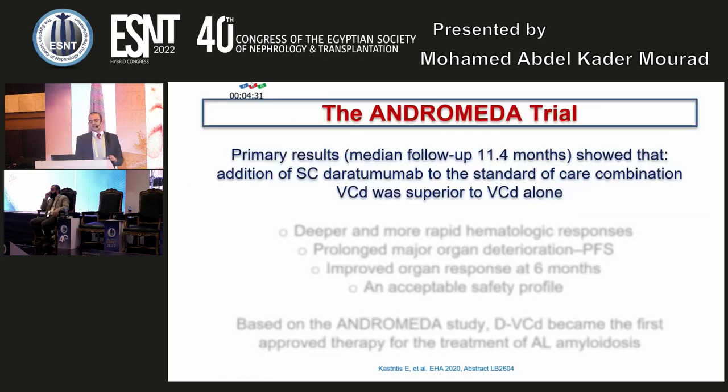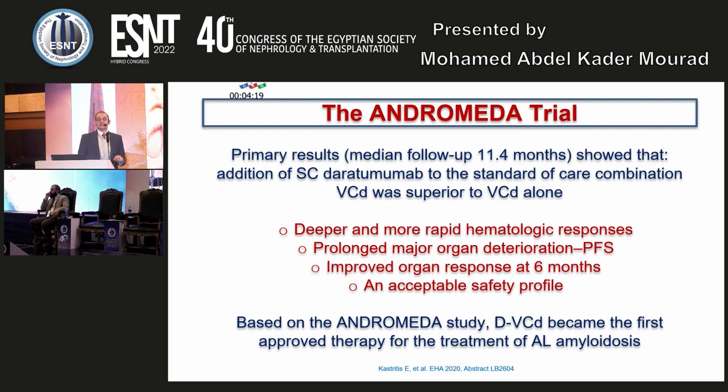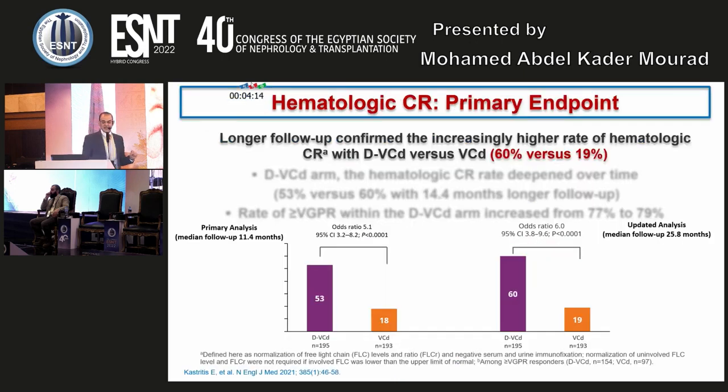The primary result with median follow-up of 11.4 months showed deeper and more hematological response, prolonged major organ deterioration-free and progression-free survival, and improved organ response at 6 months with acceptable toxicity. So it is the first approved drug in patients with AL amyloidosis.